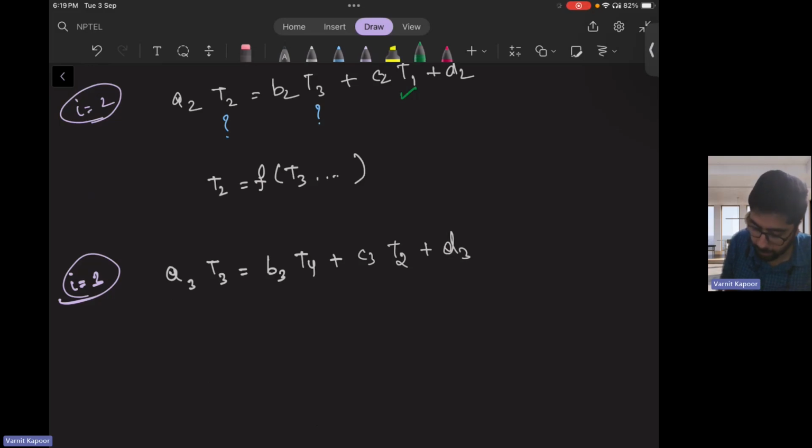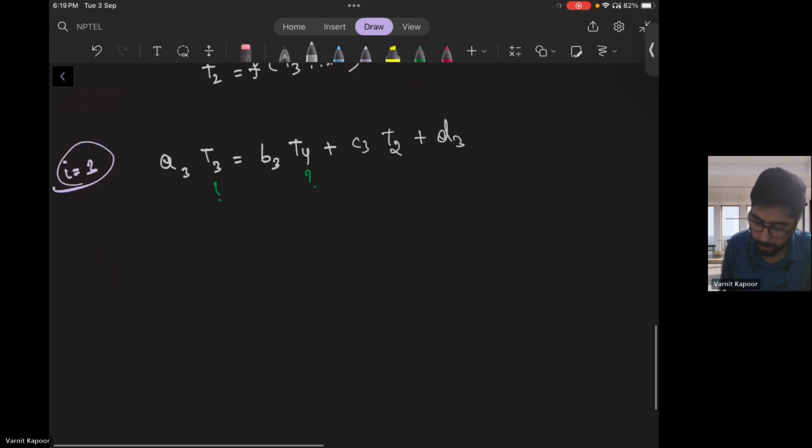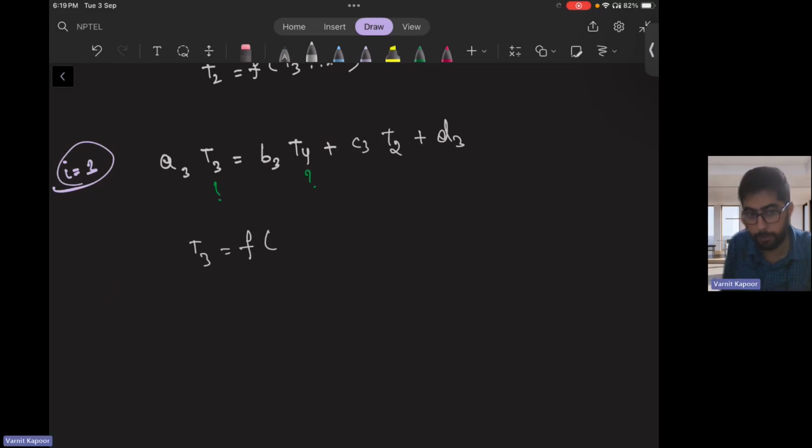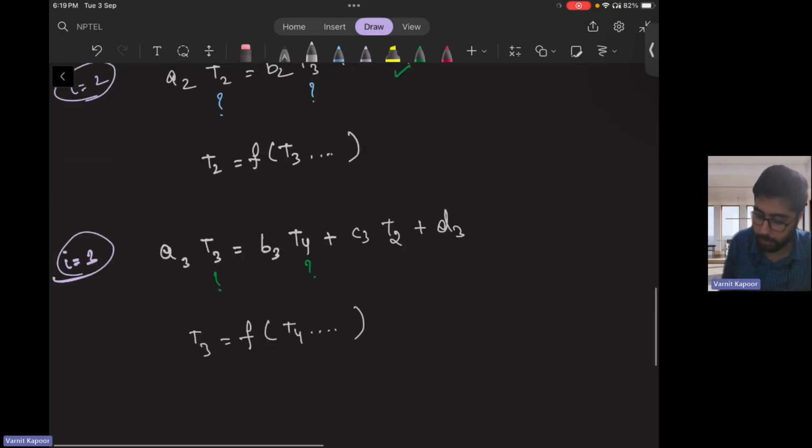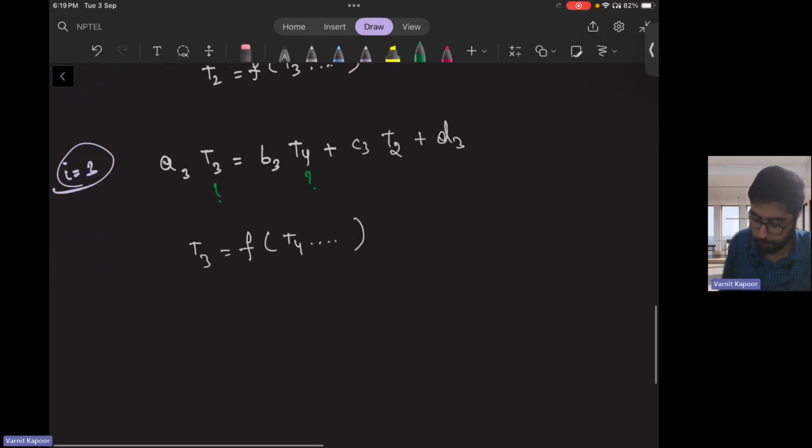Again, if you see, these are unknown. So similarly, T3 is nothing but a function of T4.